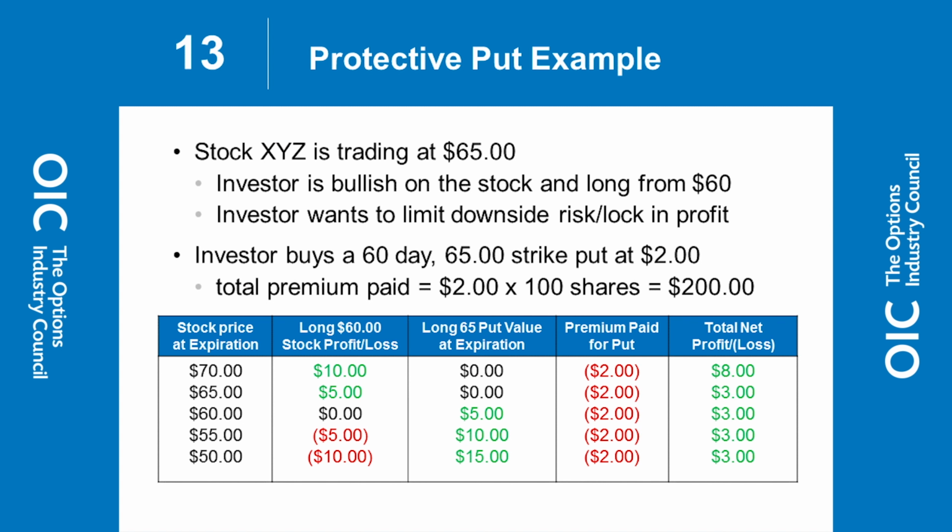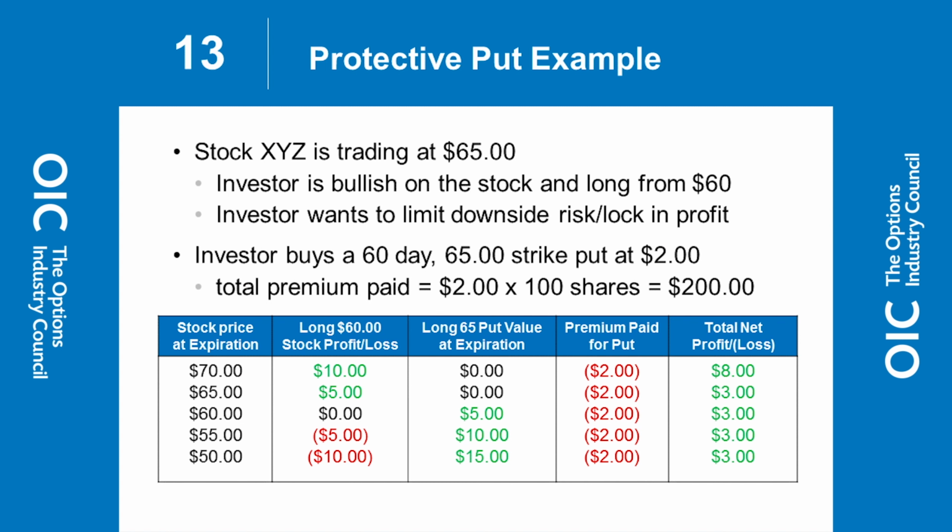Our option expires worthless. Remember, we didn't get into the car accident that we were looking for protection from, and that's okay. We paid $2 for the put, and that's what we're going to lose. So we theoretically made $5 on the stock. We lost $2, which is the price of the put that we bought. That gives us a net profit of $3.